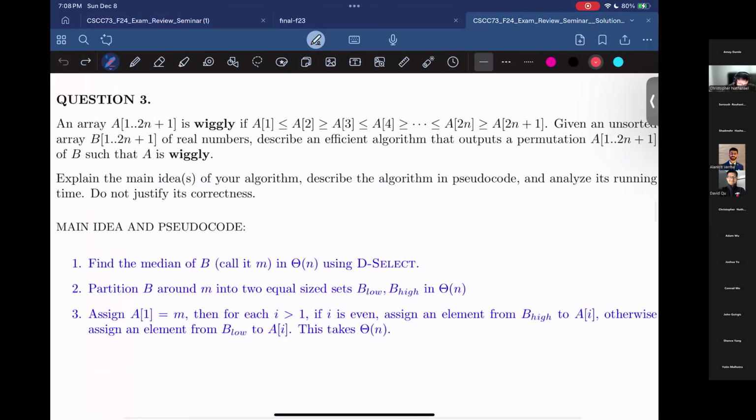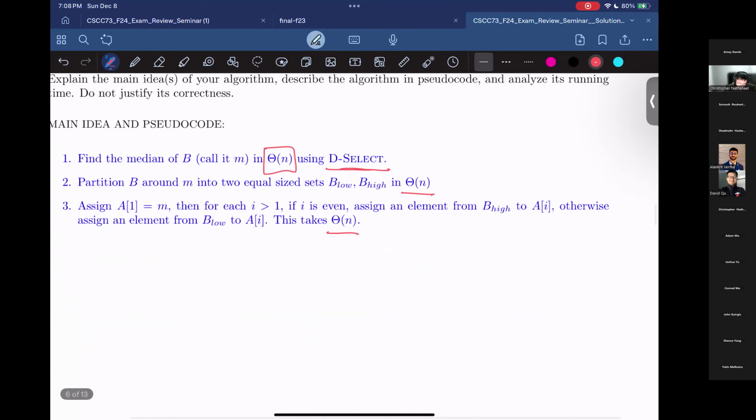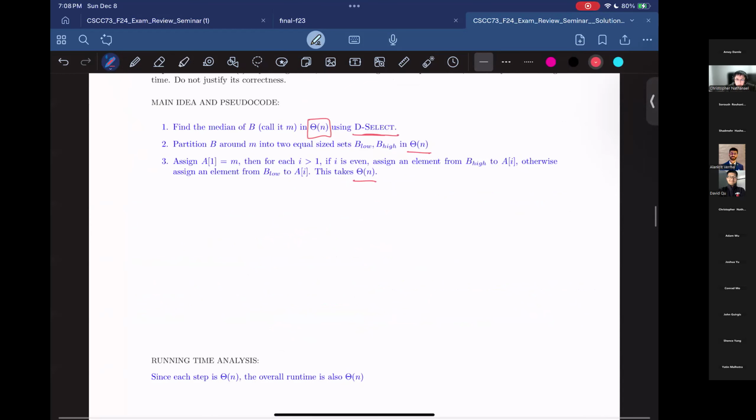Doing the median search with deselect takes Theta(n) time. So it's good to put the runtimes of deselect and rselect in your cheat sheet. Then partitioning it also takes Theta(n), and constructing the new wiggly A also takes Theta(n). So the whole thing takes Theta(n) time.